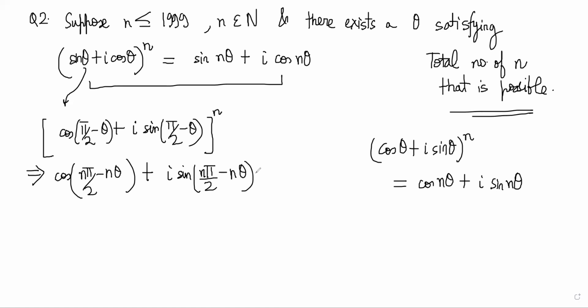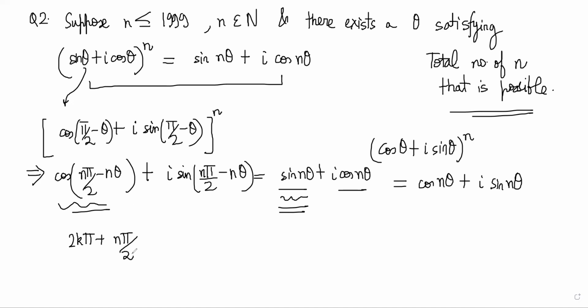And since that is equal to sin n theta plus I cos n theta, we can equate the real parts and the imaginary parts now. So we have basically this is equal to this. So we can say 2k pi plus n pi by 2, or you can do it the other way.